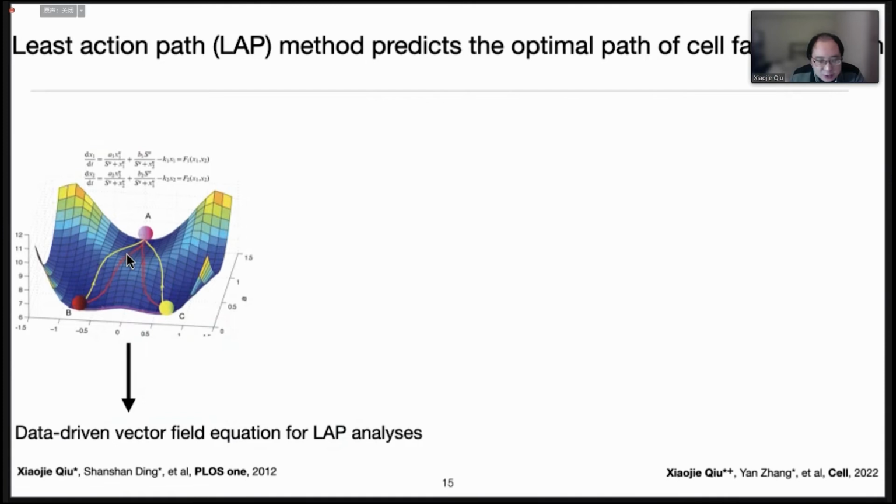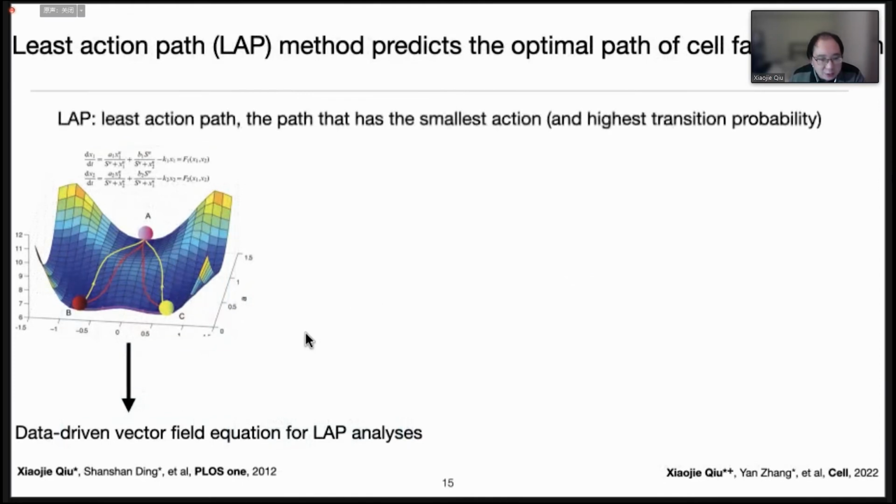Previously, I used the LAP method to make such predictions, but only with simulated systems. Now, since we are able to actually learn the equations of cell fate conversion from single cell data, I wonder whether we can use it to also predict the optimal path on real data.